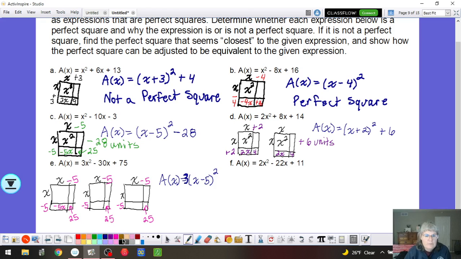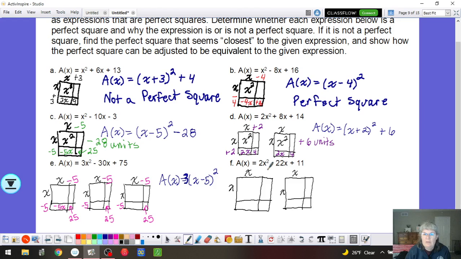Example F is going to be a little bit different. So the 2x squared tells me that I'm going to have 2 of these squares, which is fine. And then the 22 needs to be split up between the 2 blocks.